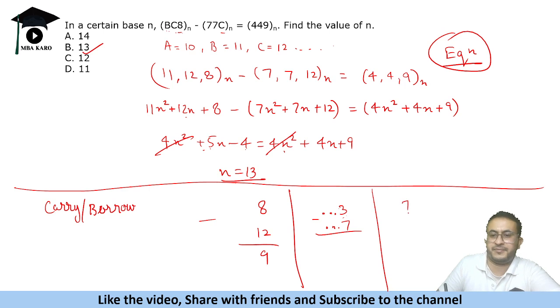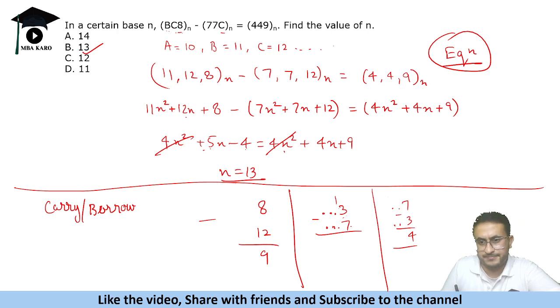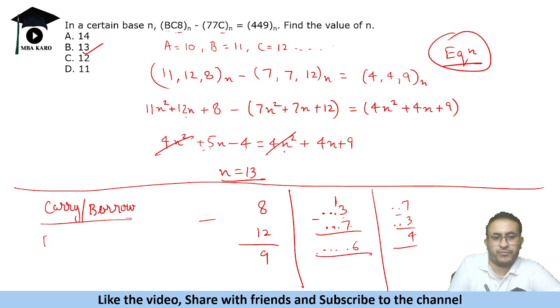Like if it was 7 minus 3, you would say 4 easily. But if this digit is larger, we borrow. We borrow 10 and it becomes 13, and 13 minus 7 is 6. So we actually borrow not 1, we borrow 10. That is why it becomes 13. So we always borrow or carry the base.